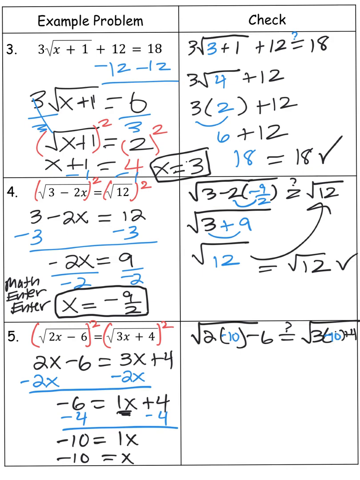Let's do some simplifying underneath those square root symbols. So I'm going to start by multiplying 2 times negative 10. That's negative 20. And on the right-hand side, I'm going to do 3 times negative 10. That's negative 30.